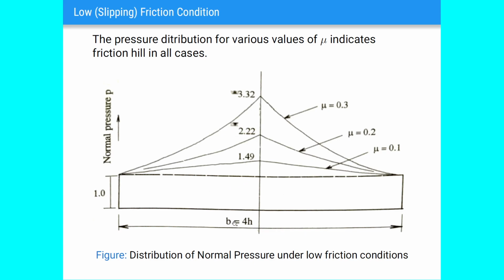We have assumed in this graph that b is equal to 4 times your height. So this is all about the pressure distribution when we are considering low friction conditions.